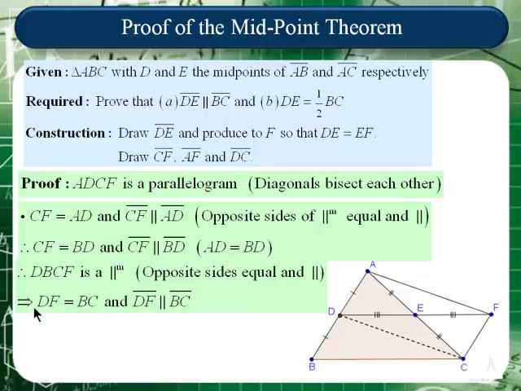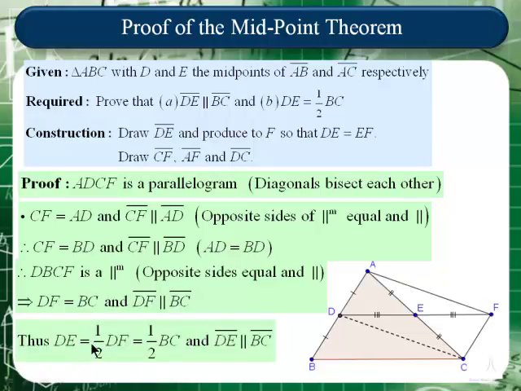So from this we can then conclude again that opposite sides must be equal and parallel. In this case DF, we can say, must be equal to BC, and line segment DF must be parallel to line segment BC. But if we take DE, then we can say that DE is half of DF, because E is the midpoint of DF according to our construction.